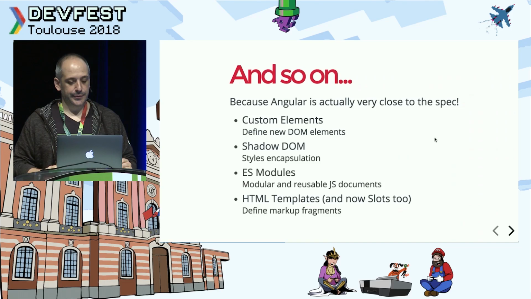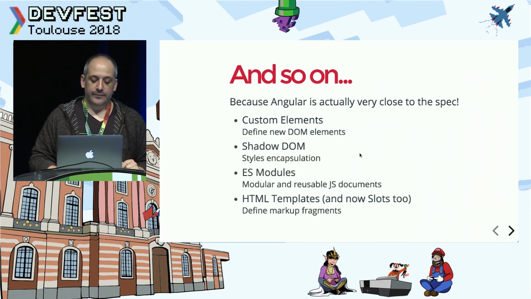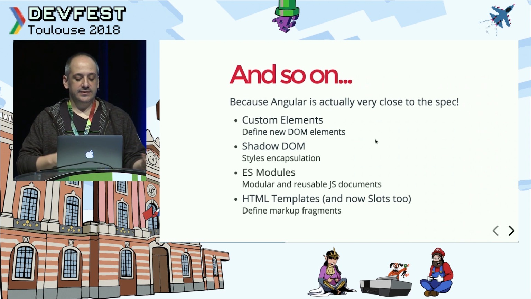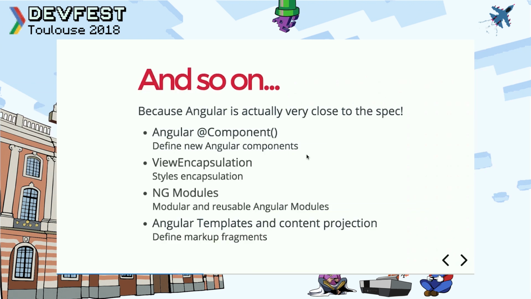So if we remember the first slide that I created, where we talk about the custom elements, shadow DOM, and so on, we can see that this is kind of the same that we have in Angular. So we have the components, we have also view encapsulation, we have ng modules, and we have the templates and the content projection. So all of that is very similar.